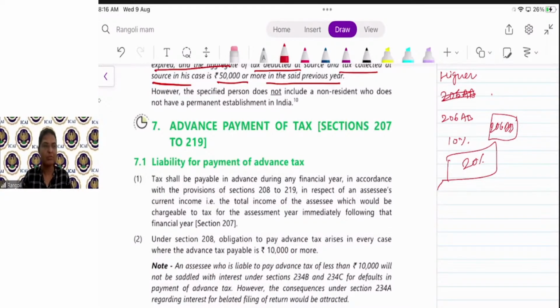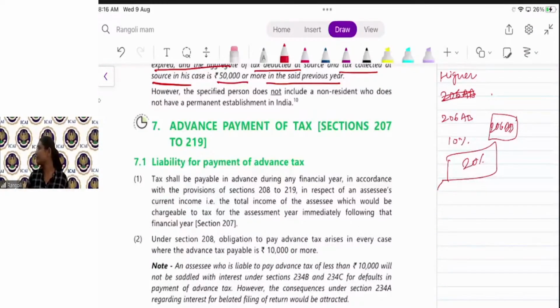Then Madhav, you need to rectify your last year's return because it is automatic process, my dear friend. You will see in your articleship, your TDS is already automatically reflected in your return. Clear, everyone?